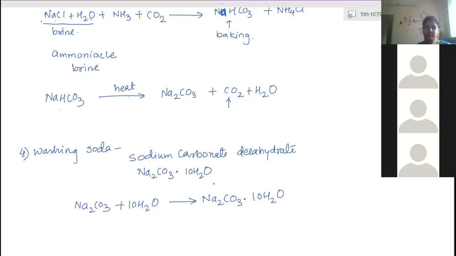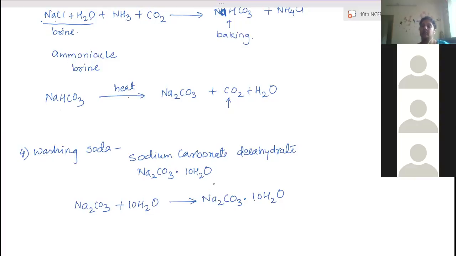Uses? Used for making glass, borax, caustic soda, paper, synthetic fibers.